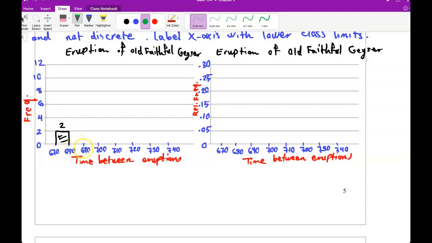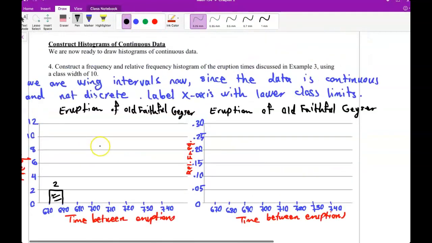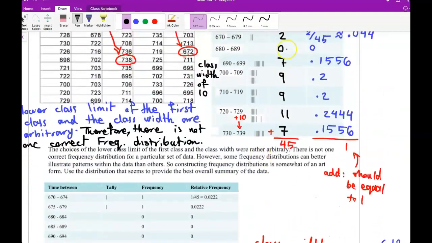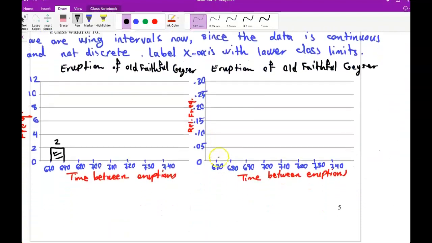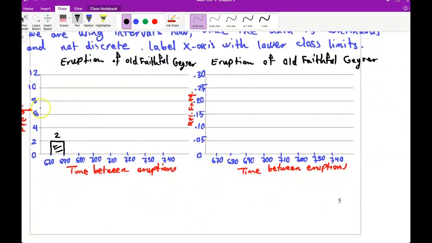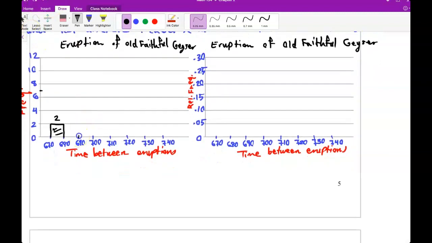Then between 690 and 700 we have 7. So frequency for this part was 7. See, here we have 7. So that is 0, here is 7. Okay, I'm trying to draw a rectangle for each part.